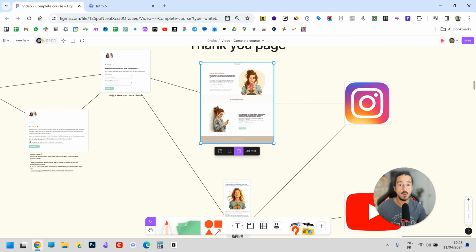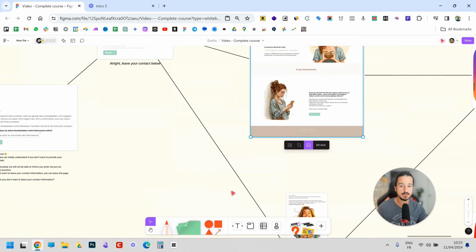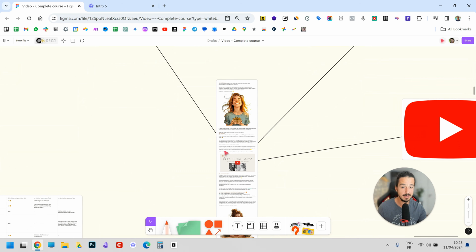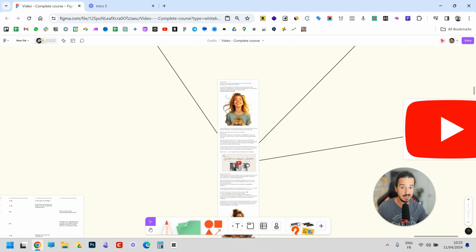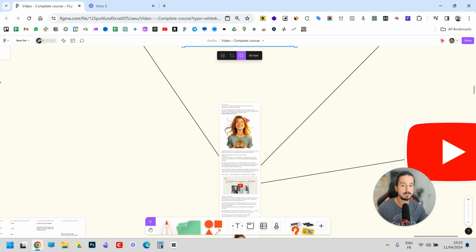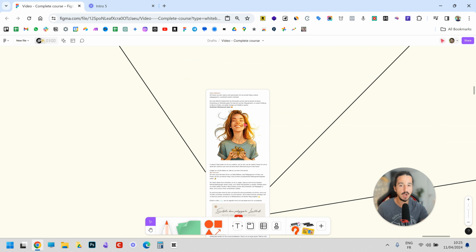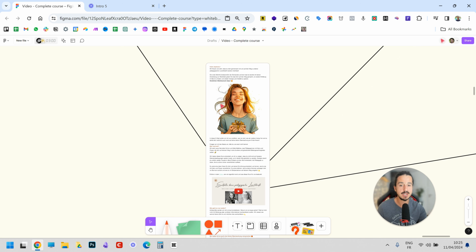But while they're on the thank you page, they are also receiving an email. It is basically a nice and warm welcome email that re-explains the solution and talks a little bit more about the story, why you did it, and everything about the product without revealing exactly when you are going to launch.